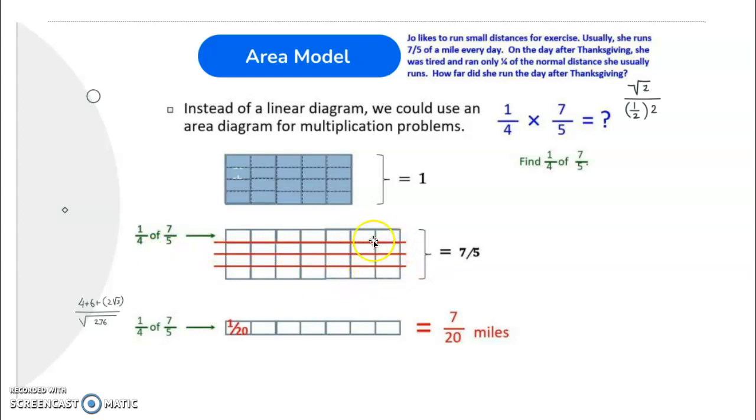Okay, so now we've added 2 more columns of 4 to make 7/5. 1/4 of 7/5. If we're now saying this is 1/20th, 1, 2, 3, 4, 5, 6, 7, counting left to right, 1/20th. We're looking for 7/20ths of a mile.